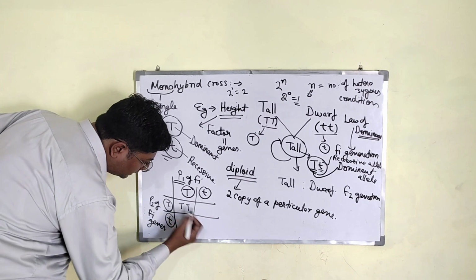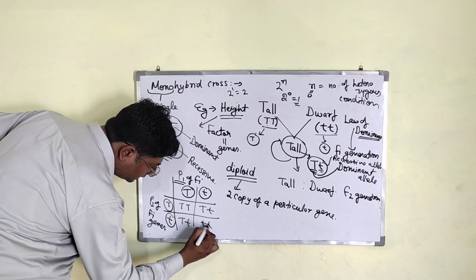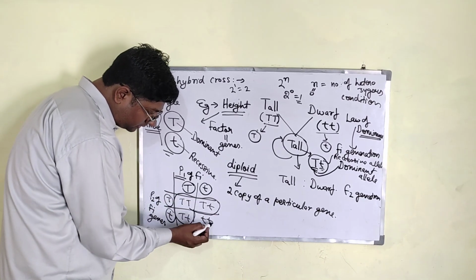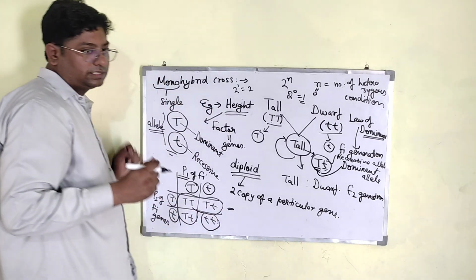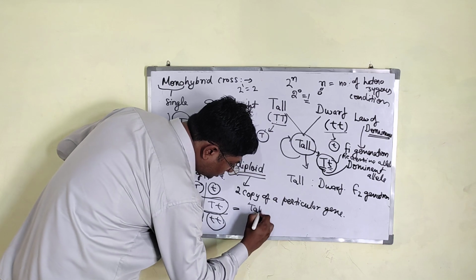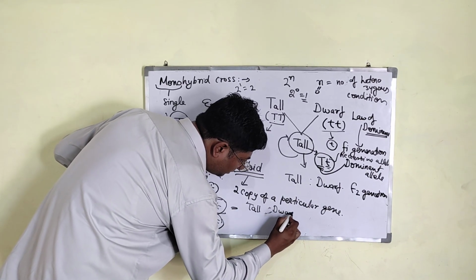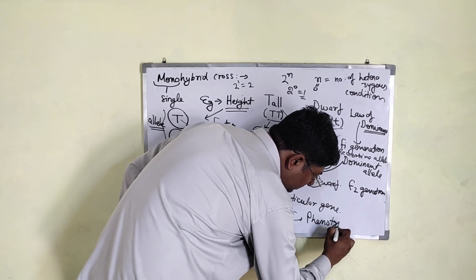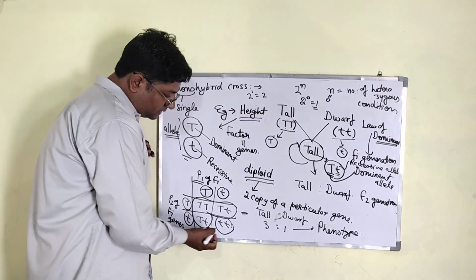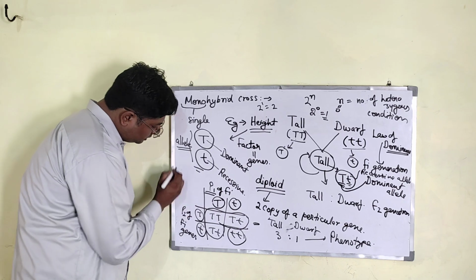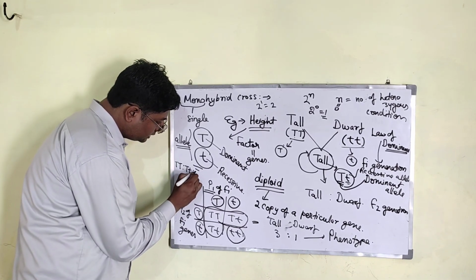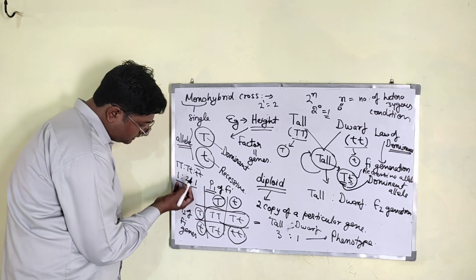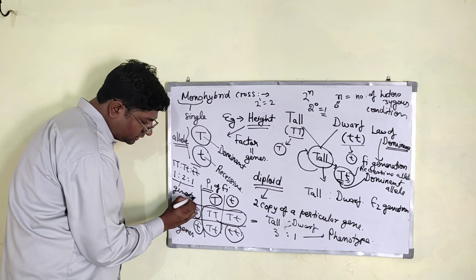When we combine them, we get capital T capital T, capital T small t, again capital T small t, and small t small t. It shows that there are 3 tall plants and 1 dwarf plant. So when we observe their phenotype, the ratio of tall and dwarf plants is 3:1. This 3:1 represents the phenotypic ratio. Phenotype means physical appearance, how they look. But if we go by their genotype, the ratio is capital T capital T, capital T small t, and small t small t, which is 1:2:1.